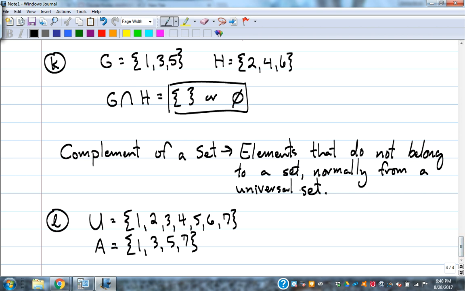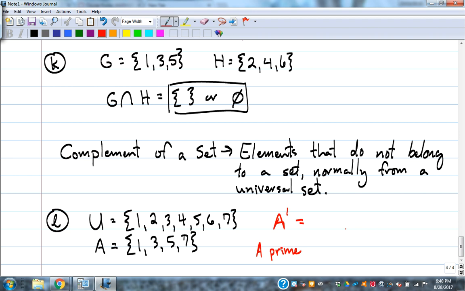This is what a complement is. The way you denote a complement is with what's called A prime, just like an apostrophe type mark. It's read A prime. It means the complement.